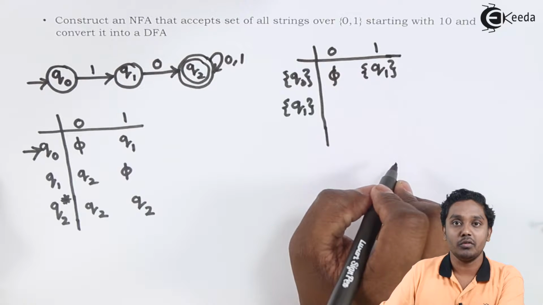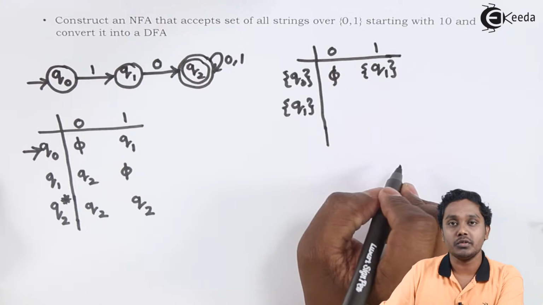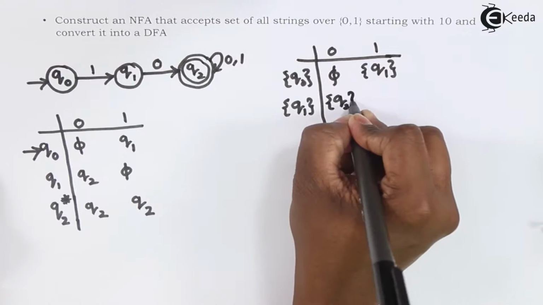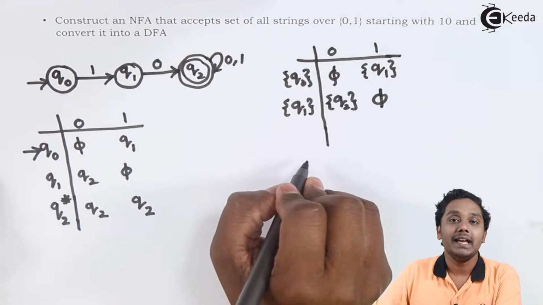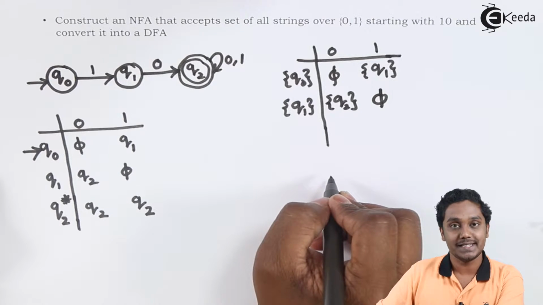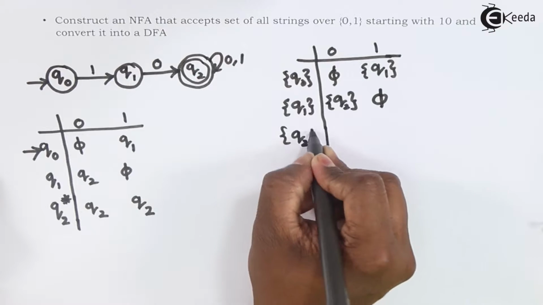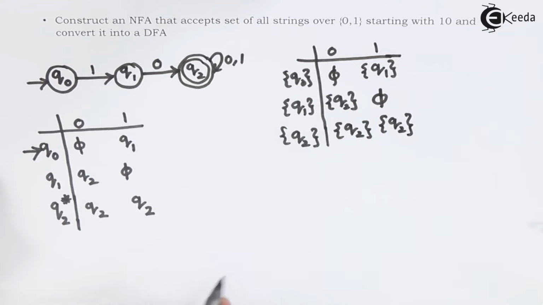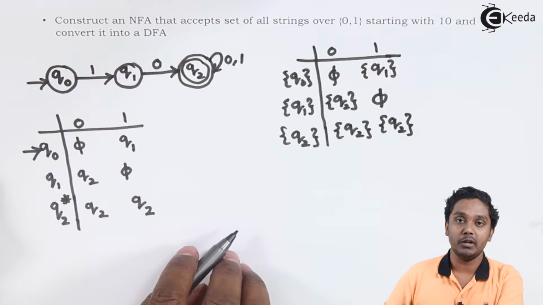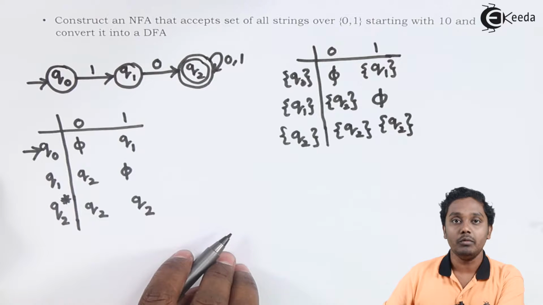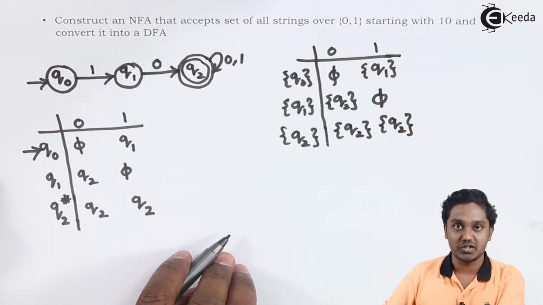Q1 has a transition on 0 to Q2 and Q1 has no transition on 1. Again, we have encountered a new state Q2. We will have to insert the transition for the same. With this, we are done with the transition table as we are not encountering any new states further. Now we will have to symbolize the final and the initial states.